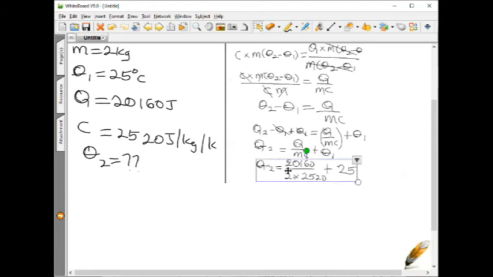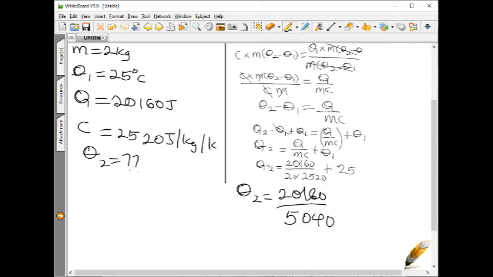Okay, so this will give you theta 2 equal to 20,160 all over 2,520 times 2, which will give you 5,040, everything plus 25. Now 20,160 over 5,040 will give you 4.